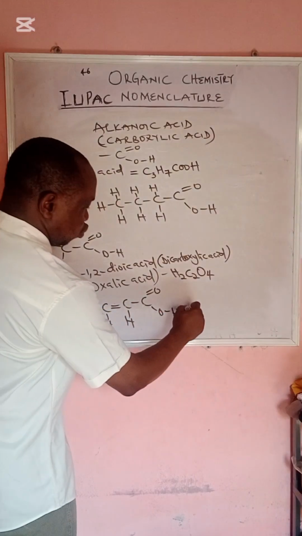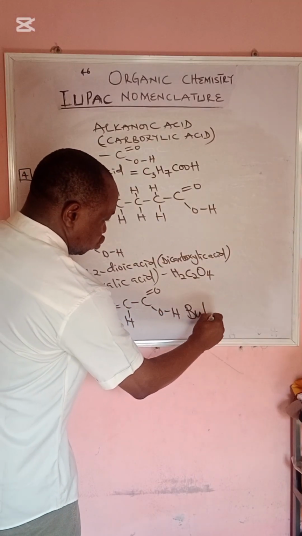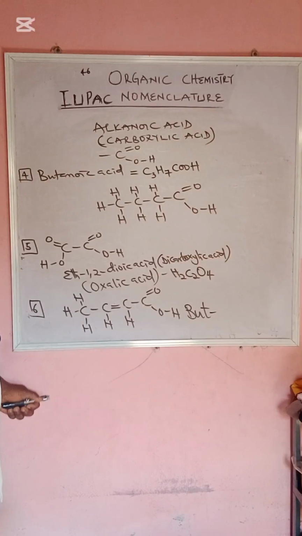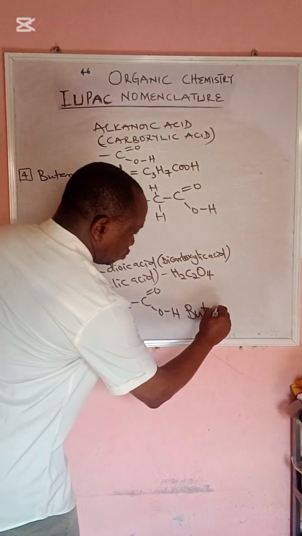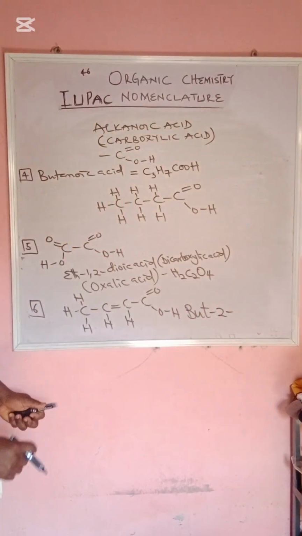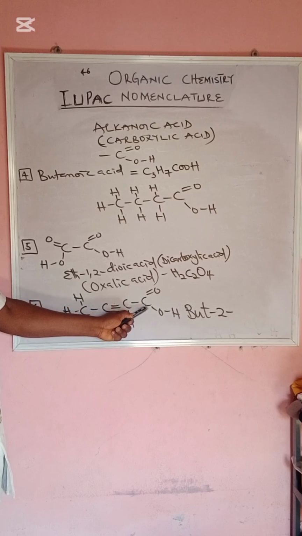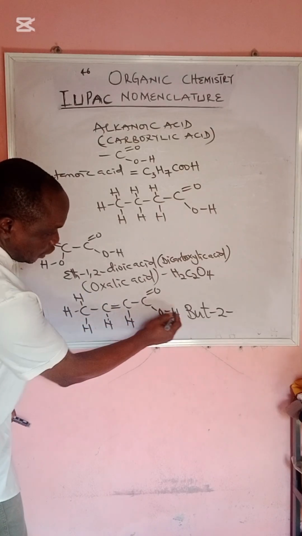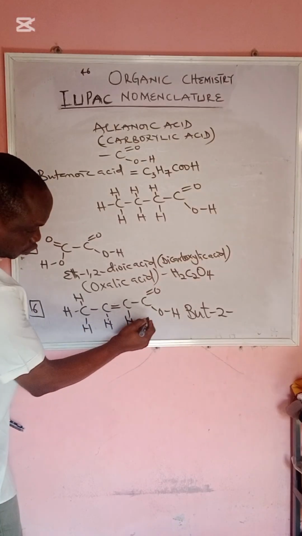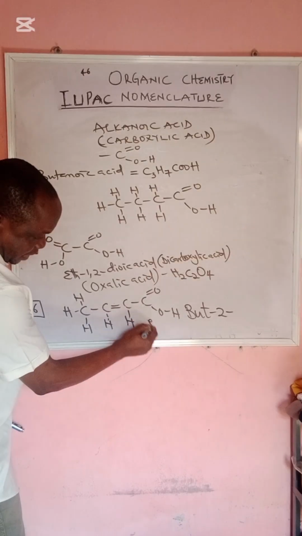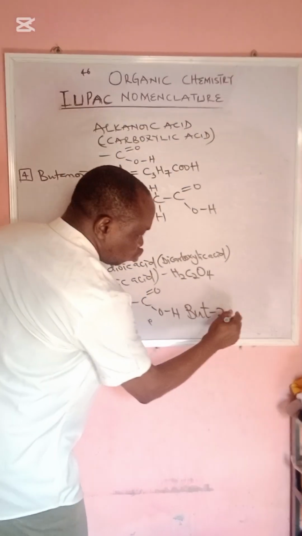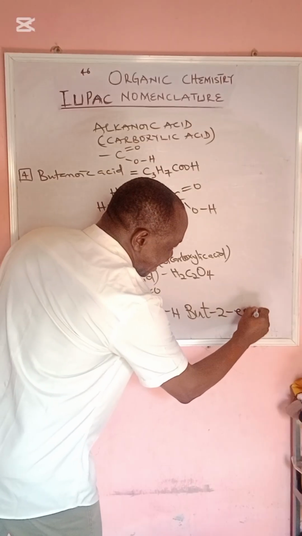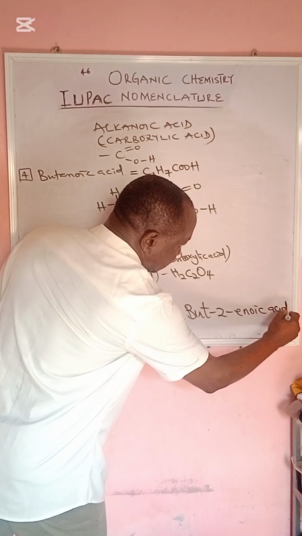The ene is on carbon 2. But-2, that is on carbon 2. Oic on carbon 1. So instead of putting butanoic acid, just add the ene in here, so we call it but-2-enoic acid.